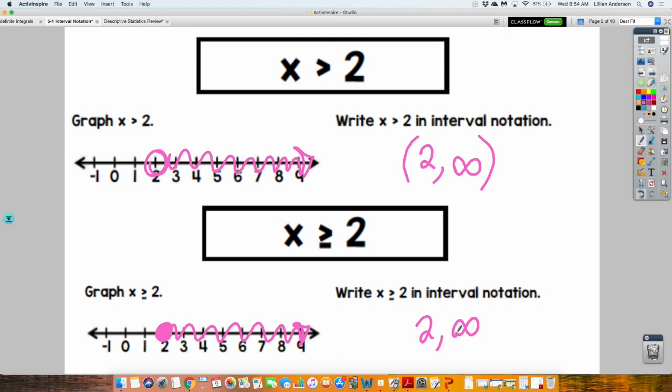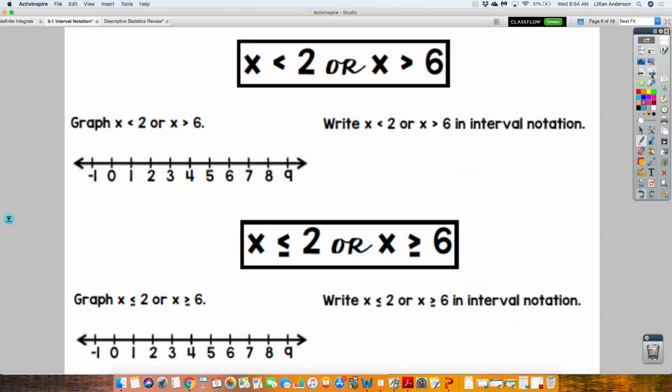Square bracket. And around the infinity? Parenthesis. So far, so good? And you can always use the visual to help you. Some of you are probably like, I can do this even without the visual, and that's great. But I'm doing the visual for everyone, just for those who might not be able to.